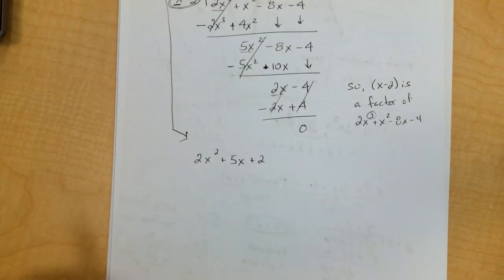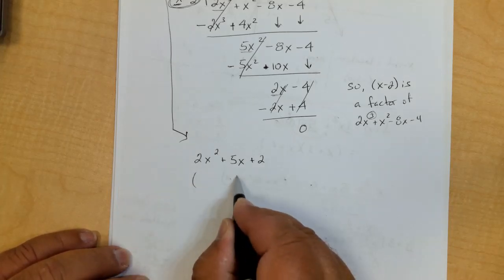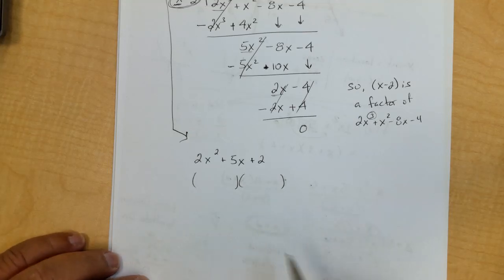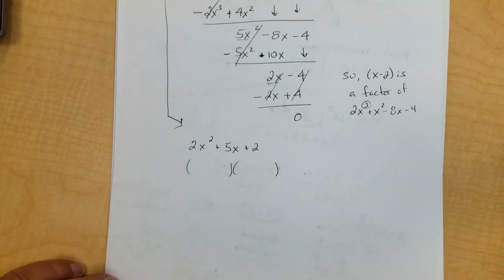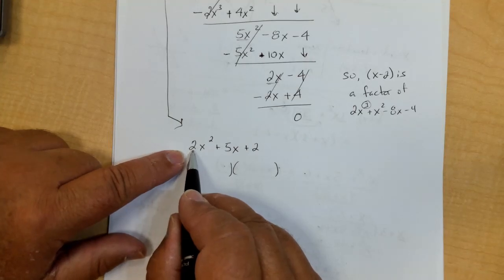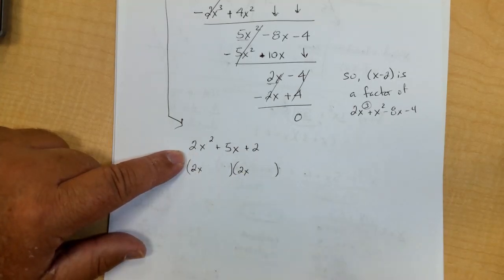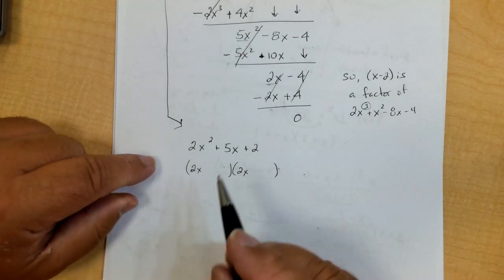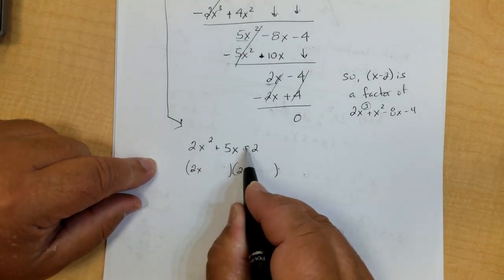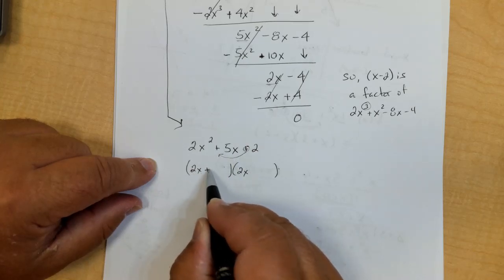So how do we fix that one? Can we factor it? Well, let's try it. Since the leading coefficient is not 1, we have to put 2x and 2x. Look at the second sign. It's a plus. It means they're both the same. They're both the first sign.